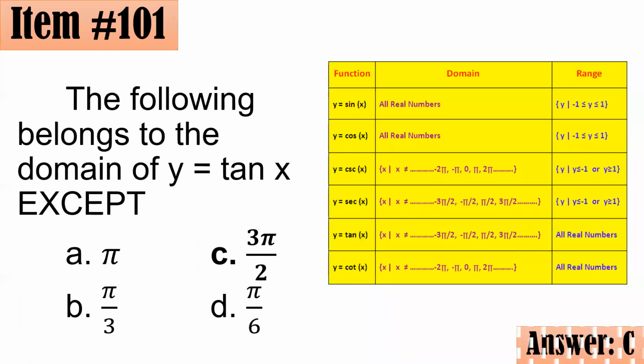That's why if you could see, 3 pi over 2 is actually one of the numbers here, no, na hindi dapat part ng domain. That's why among the choices, 3 pi over 2 po yung hindi kasal sa domain. And I agree with you, Sir Chat, no, yung asymptote po is pi over 2 plus k pi.